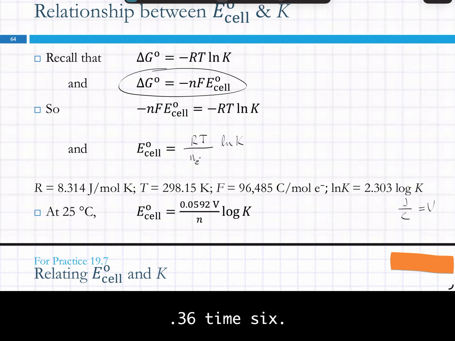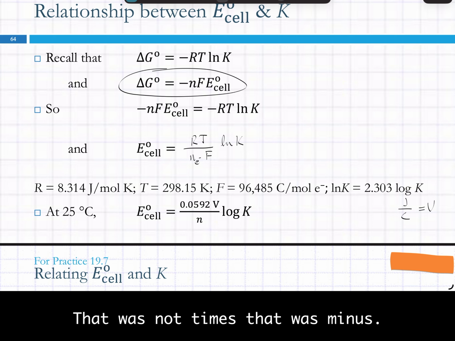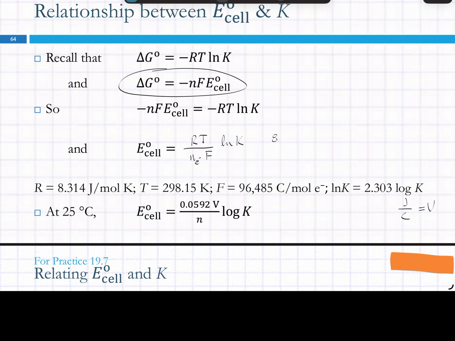So 0.036 times 6, divided by 0.0592, gives 3.6486, which equals log of K.